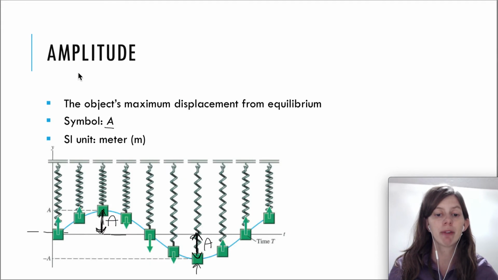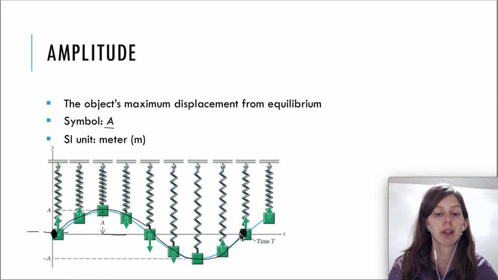So after 1 period, what is the distance traveled? First of all, the period is the time for 1 oscillation. So if your oscillation is starting here, a complete cycle goes up and down all the way up to here. The complete cycle is from this point on the left to this point on the right.